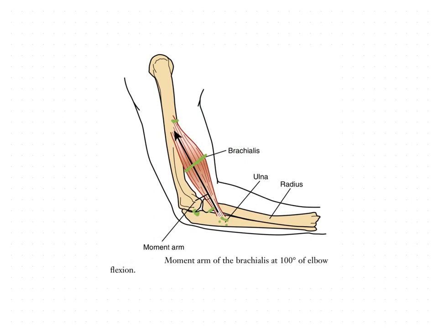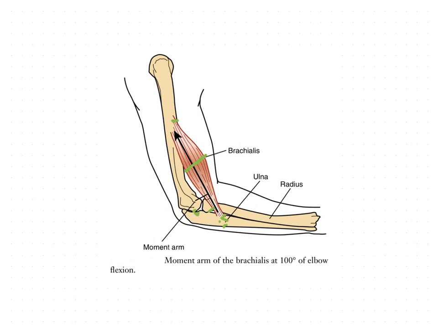This brachialis is considered a mobility muscle because its insertion is close to the elbow joint. If the insertion is closer to the elbow joint, then it is classified as a mobility muscle.